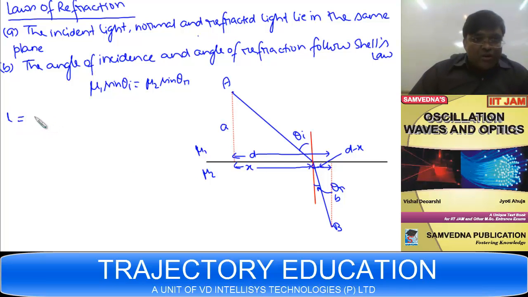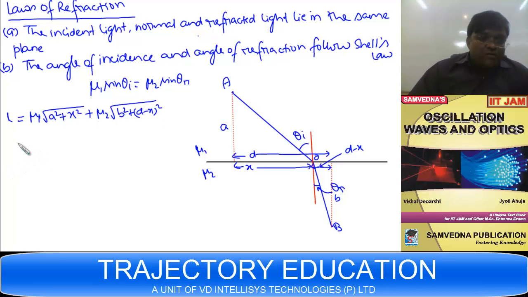Since the media are different, we have to consider the optical path. This is O, suppose. The optical path is mu1 into AO, where AO is square root of a square plus x square, plus mu2 into OB, which is square root of b square plus (d minus x) square.